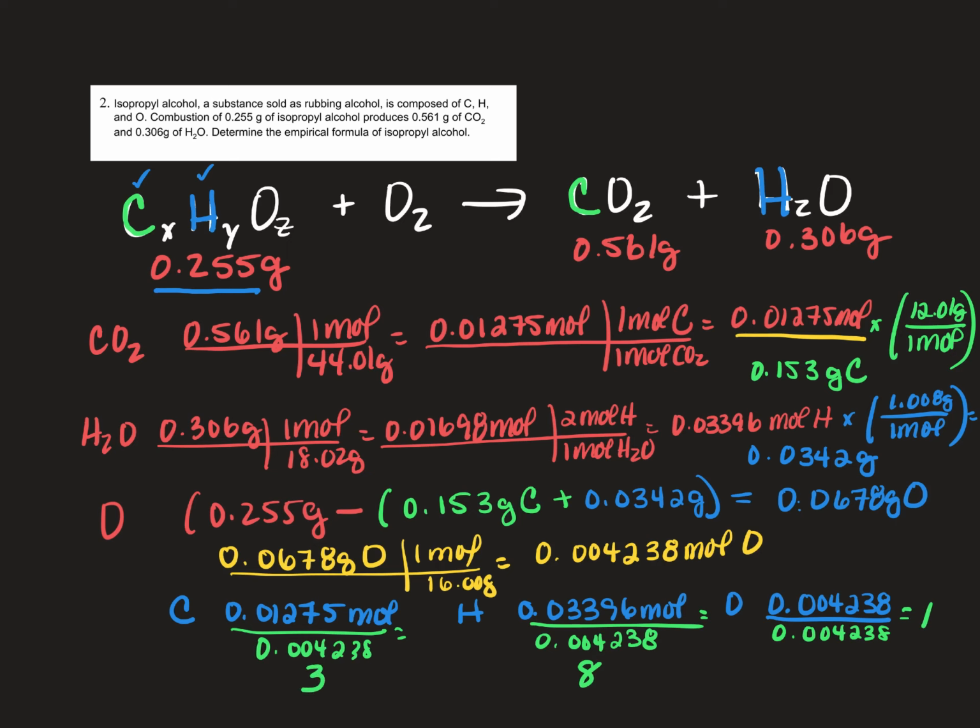So my formula winds up being, trying to find a good space to write it, I'll write it on top here. It's going to be C3H8O. So that's the formula for my compound.